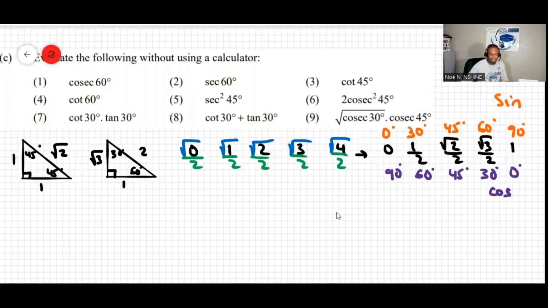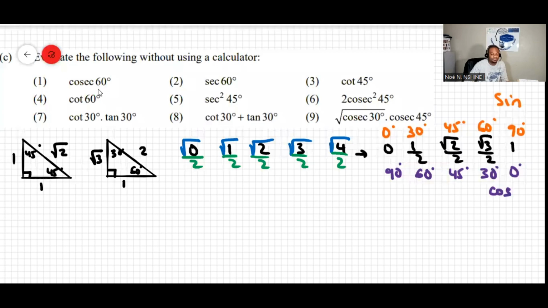So now, when I have cosec of 60 degrees, I need to find what it is. If, for instance, I want to use my technique here, I know cosec is the inverse of sine. I'll look here, 60 degrees is √3/2. So cosec will be 2/√3. Okay, so number one, cosec of 60 degrees will be equal to 2/√3.